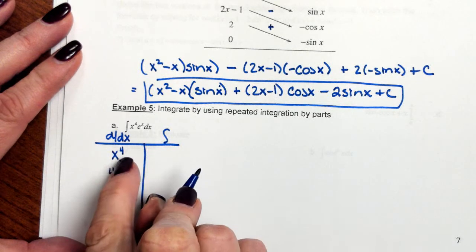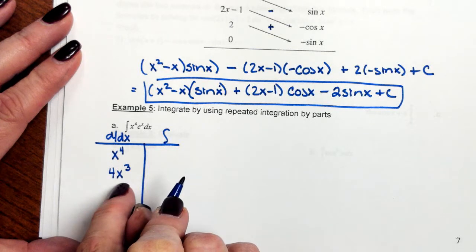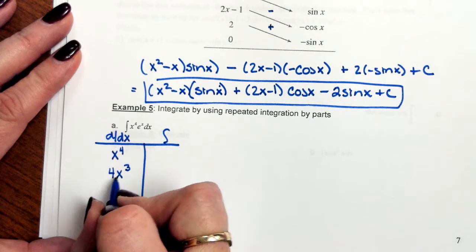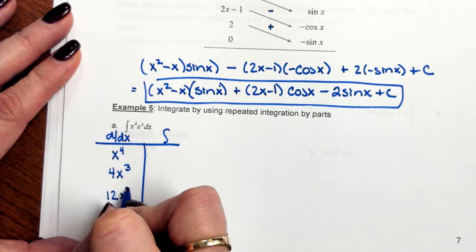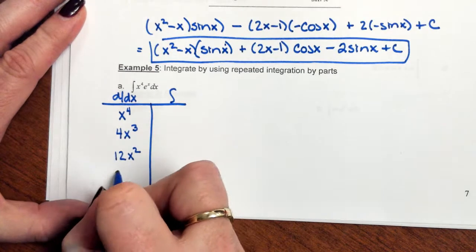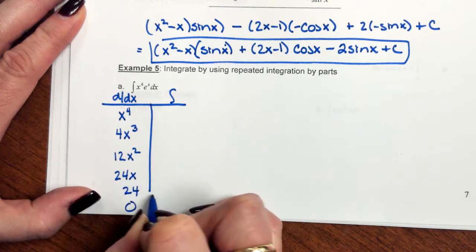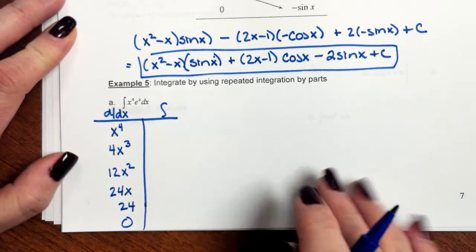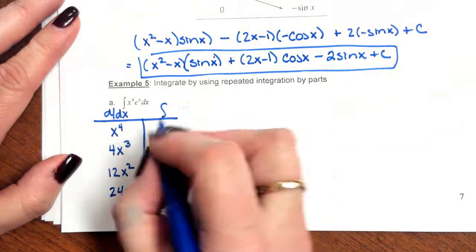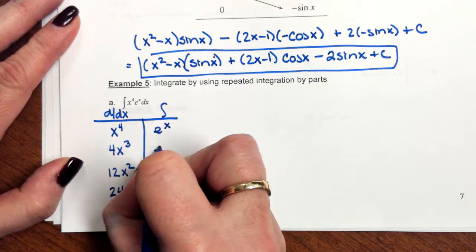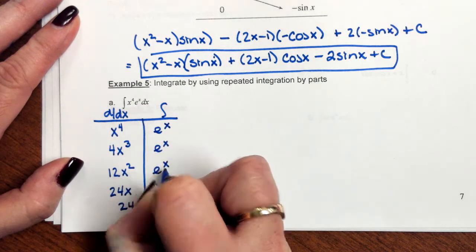So I take the derivative of x to the fourth, it's 4x to the third. The derivative of 4x to the third is 12x squared. Derivative of 12x squared is 24x. Derivative of 24x is 24. There's my 0. I want to integrate e to the x over and over again as many times as I took that derivative.